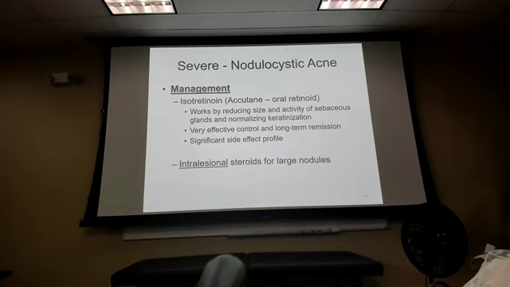Very effective control and long-term remission. We talked about that significant side effect profile, and we'll talk about those again. Intralesional steroids for large nodules. Again, we already referred them to the dermatologist, so those individuals can use that. Intralesional triamcinolone.